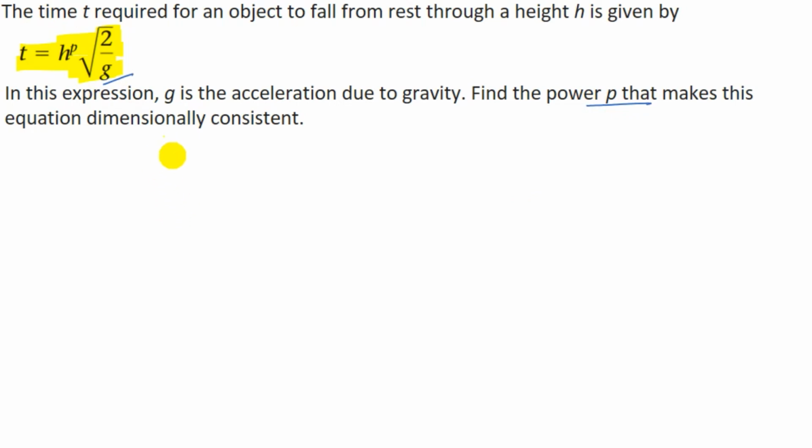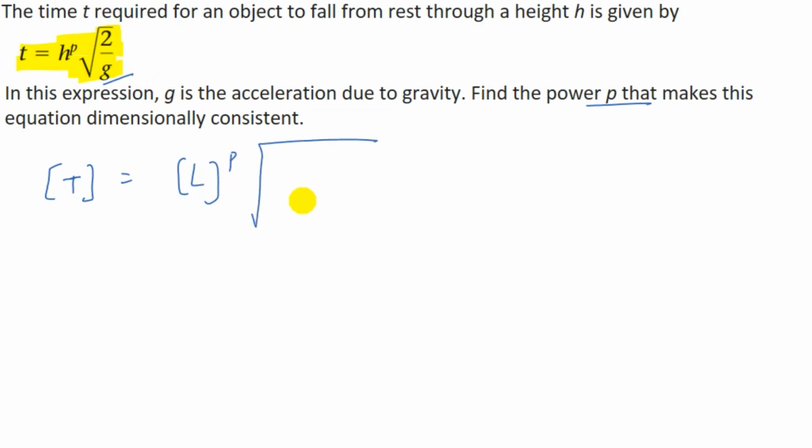This question is pretty similar to the last question that we discussed, and here also we're going to follow the same procedure. That is, we're going to balance the dimension of the left side of the equation with the right side. So the dimension for time is t, is equal to, now h is distance, the dimension for distance is L, so L to the power p, under root.